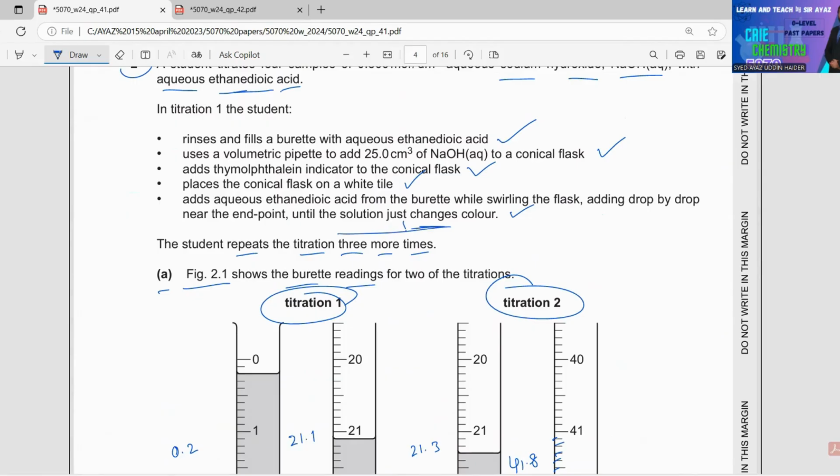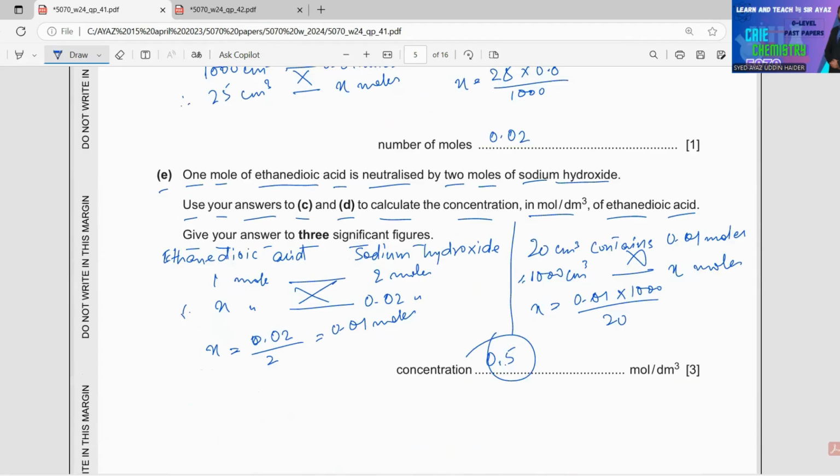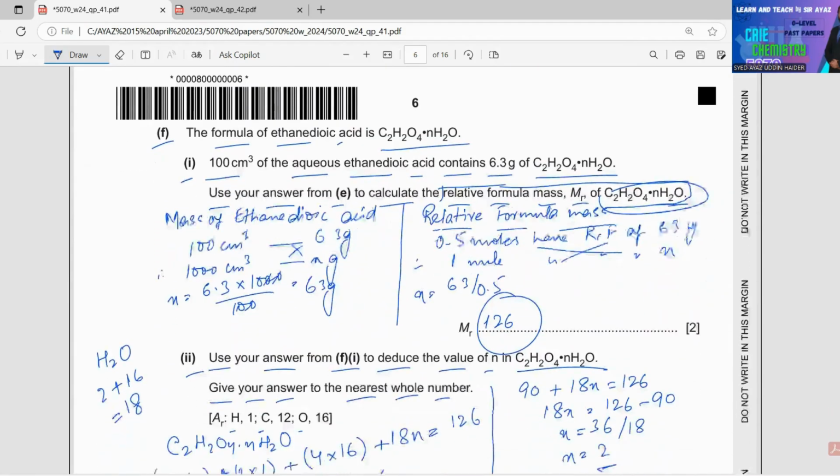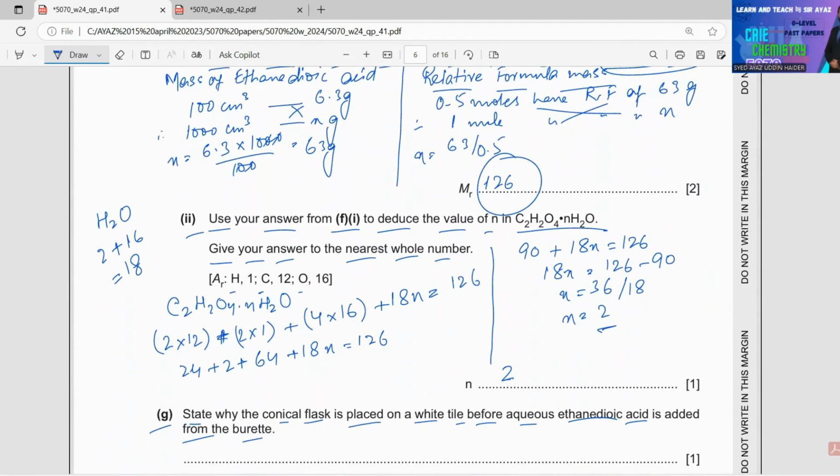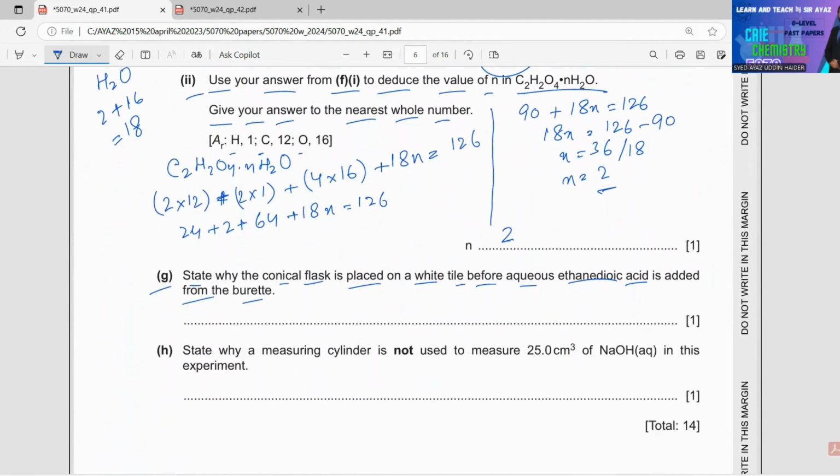Due to the presence of the indicator, we have a change of color. So you can observe the color change easily here. So we write: to observe color change easily.